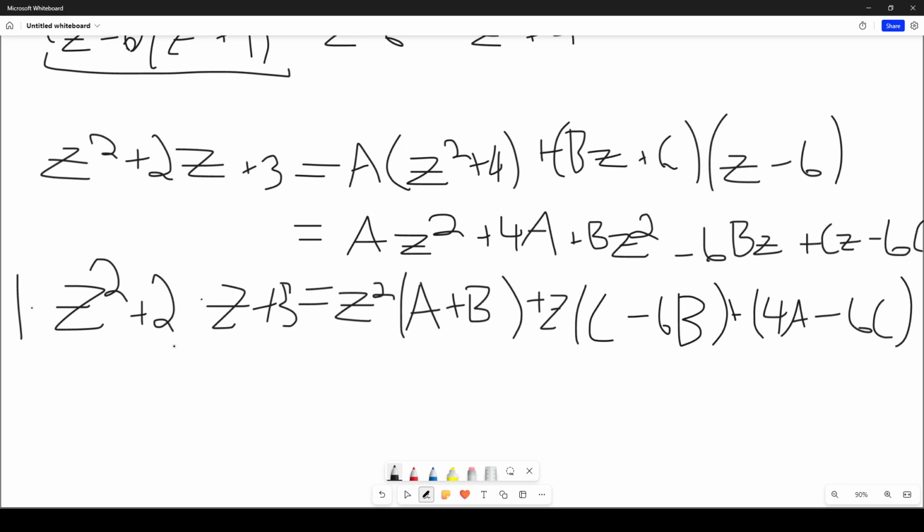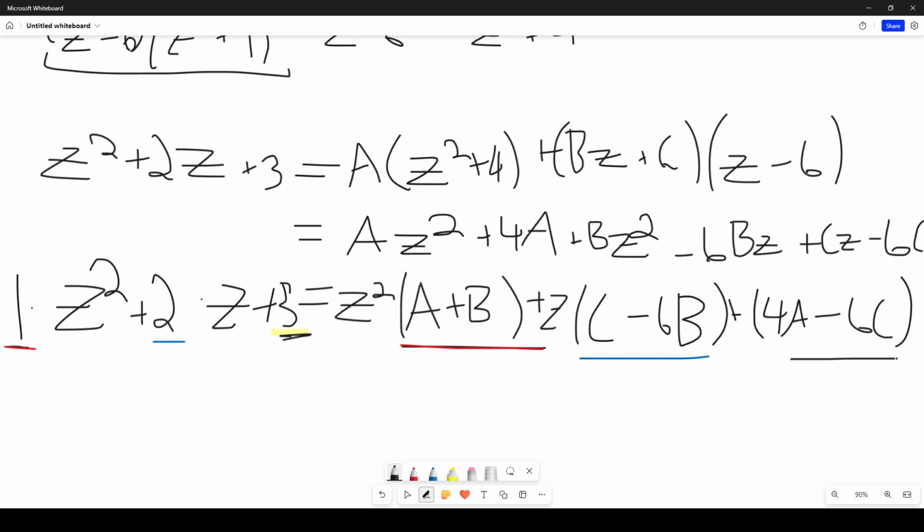Now, technically, according to linear algebra, we can equate these coefficients. We know that 1 must be A plus B. Let me use colors here to illustrate my point. 1 and A plus B must be the same. 2 and C minus 6B must be the same. And 3 and 4A minus 6C must be the same. So this stems from linear algebra, that we can equate these coefficients.